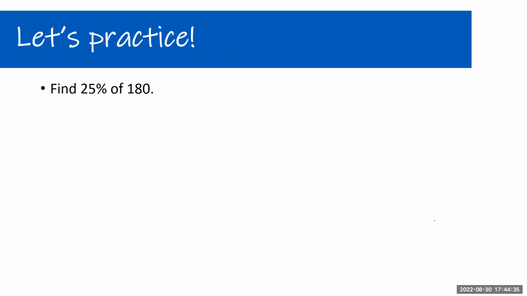Okay, let's take some practice here as well. Again, pause as you need. We want to find 25% of 180. So that "of" tells us that we're multiplying, okay? So we're going to say 25%, 25 times 1 over 100 times 180, okay? You could also here say 0.25 directly if you moved that decimal, times 180.